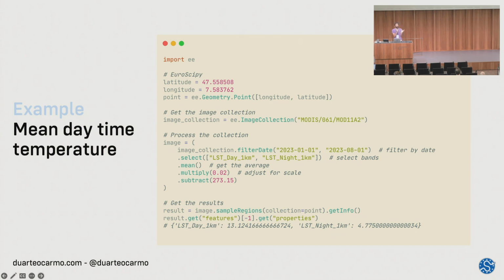We select certain bands, the day temperature band and the night temperature band. We take the mean, we multiply and we subtract because we want to get degrees. In the end, we sample that image in the region of the point, and we get basically a dictionary with the average temperature in degrees during the day at EuroSciPy and the average for the night, year to date.